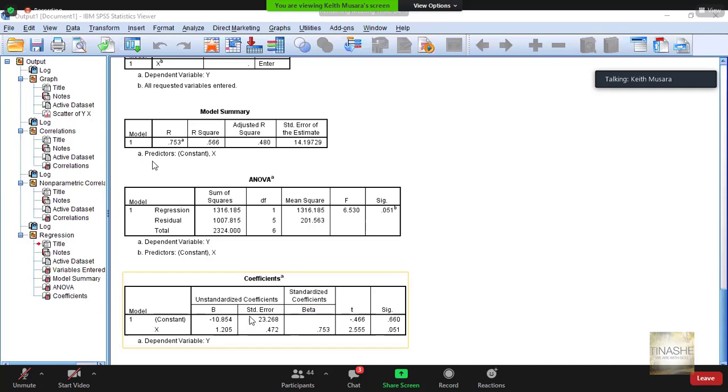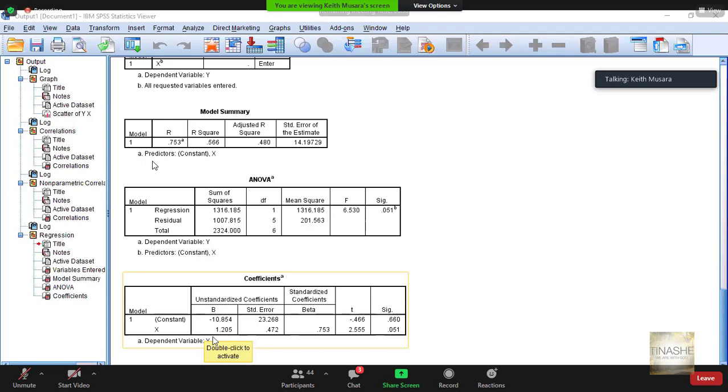So when you come to this table of coefficients, you want to pick your beta naught, you want to pick your beta 1, right? So our beta naught in this case, that's the constant, right? Or the intercept. So in this case, the constant, which is b, which is negative 10.854. That's our beta naught. And then our beta 1, that's the coefficient of x. That is 1.120, right? So that's beta 1.